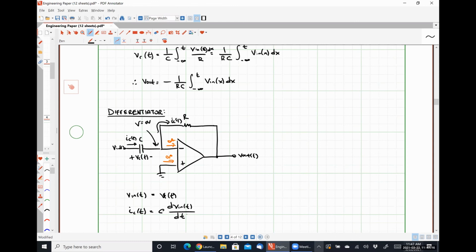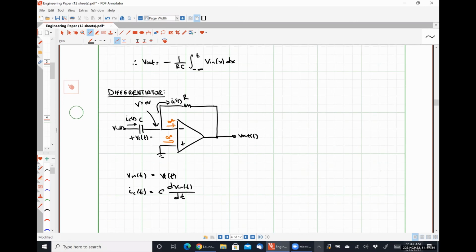The current flowing through a capacitor is the capacitance multiplied by the derivative of the voltage across the capacitor. That is the exact same current that is flowing through our resistor. So I'm saying that the current that flows in, Ic of t, is equal to the current flowing through the resistor, which, using Ohm's law, is 0 minus V out divided by R.